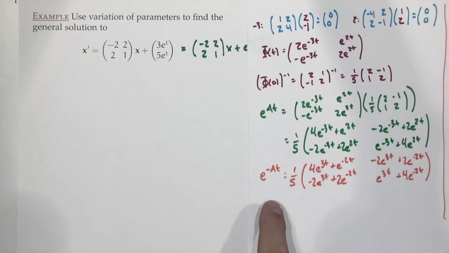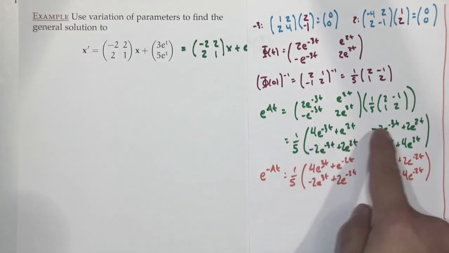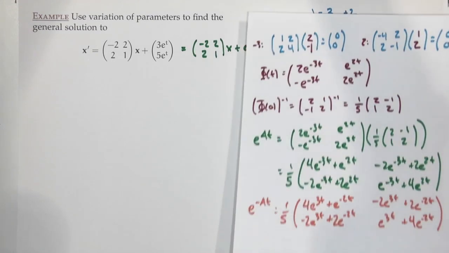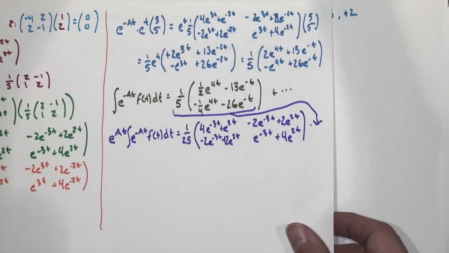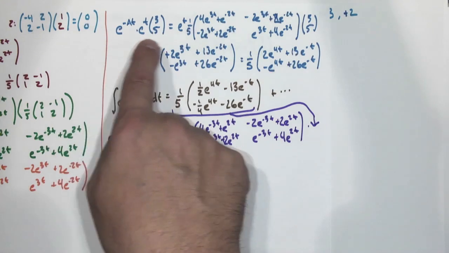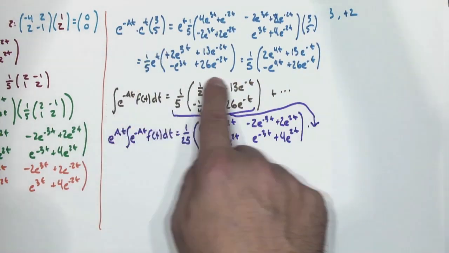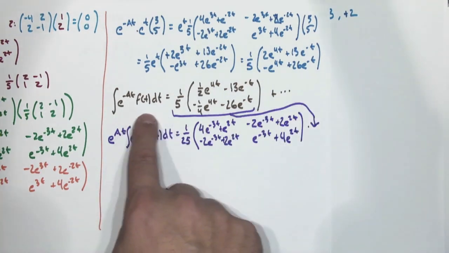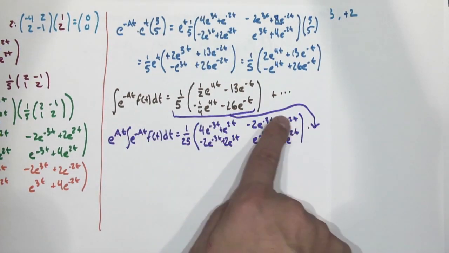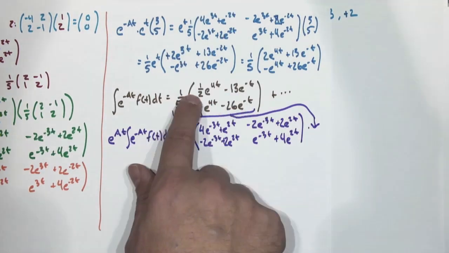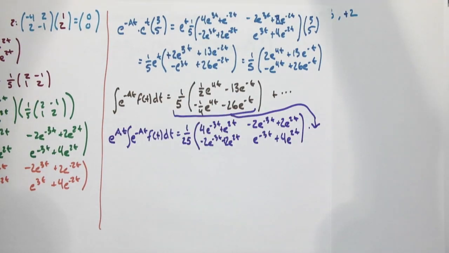When you put in e to the minus at, essentially you just have to flip all the signs in the exponents. Then you carry out the computation for e to the minus at times the vector e to the t, 3, 5. You integrate, and then you just have to multiply the original e to the at times the result and simplify.